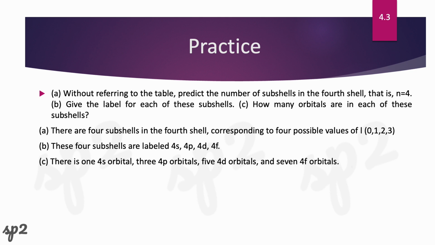Now, the last piece asks how many orbitals are in each of these subshells. I have only one for s because there's only one possible value for ml. I have 3 for 4p, 5 for 4d, and 7 for 4f orbitals. I hope that makes sense to you.